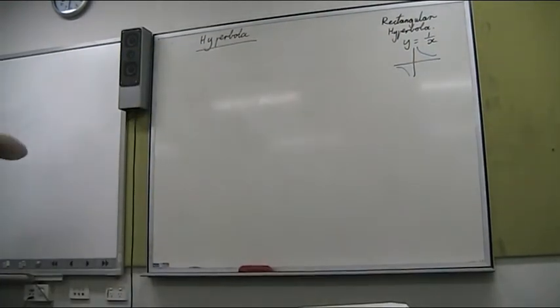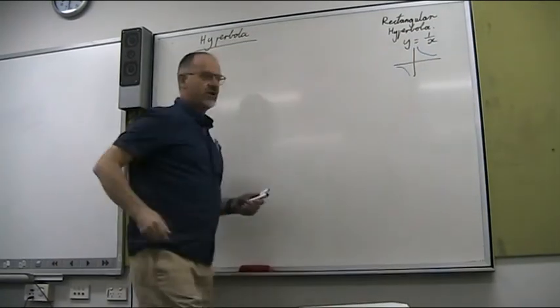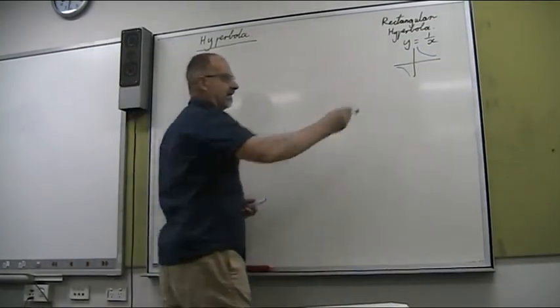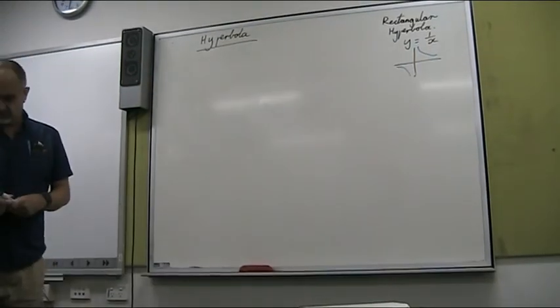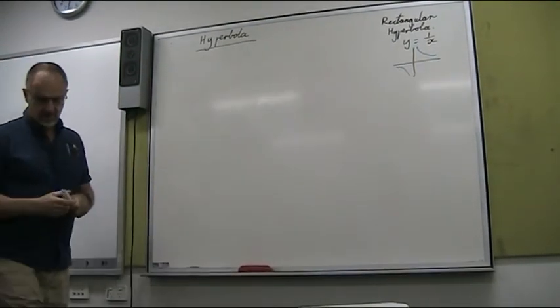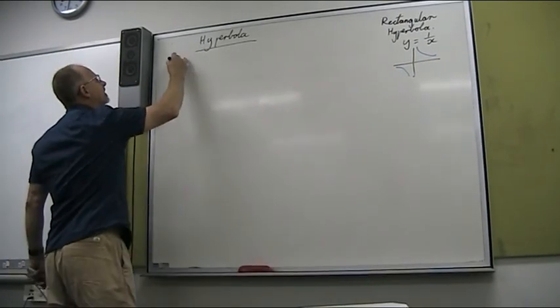So these hyperbola that we're looking at here with this equation still have this curvy bit, but the asymptotes of them are not vertical and horizontal. So here is the Cartesian equation.